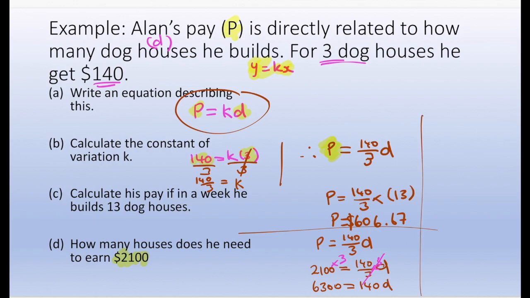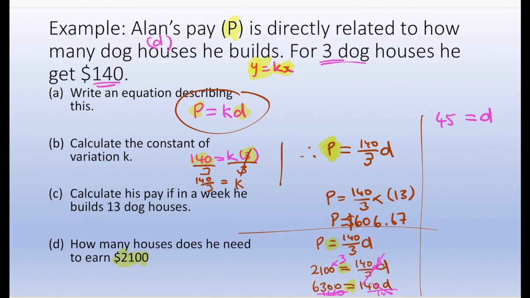I'm going to keep working up here. Make sure we keep our equal signs below each other. I've run out of space, but you shouldn't. So now I'm going to divide by 140. Divide by 140. So now I've got 6,300 divided by 140, and I get D on this side by itself, and I get 45.